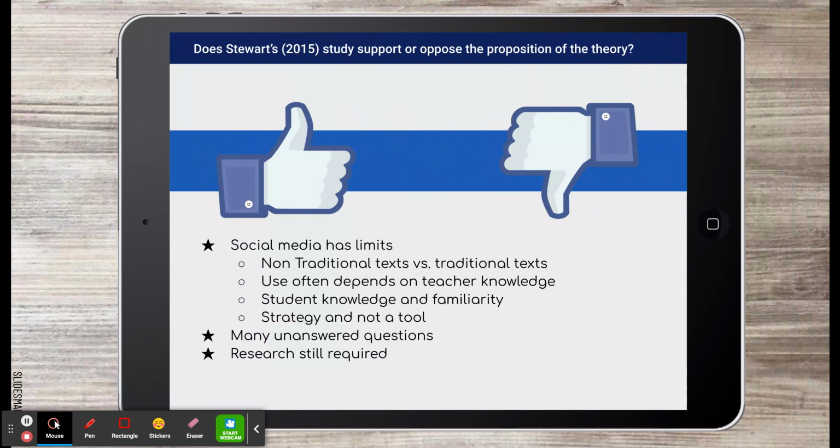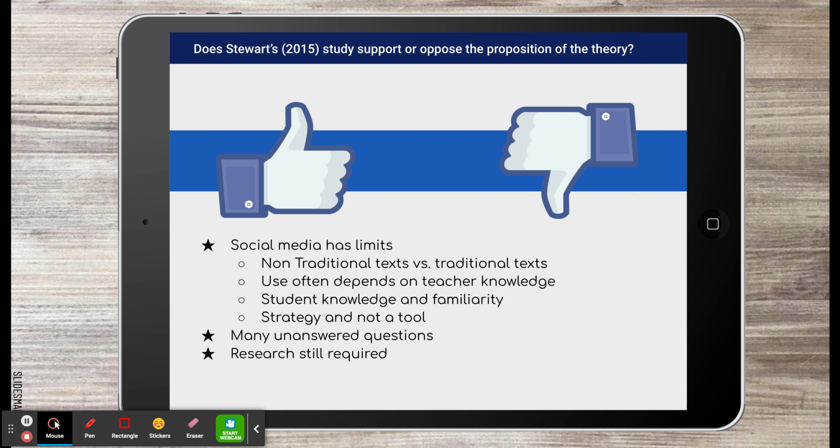So, does Stewart's 2015 study support or oppose the proposition of the theory? Social media has its limits. Many students fear the use of non-traditional text versus traditional text when they're utilizing social media.